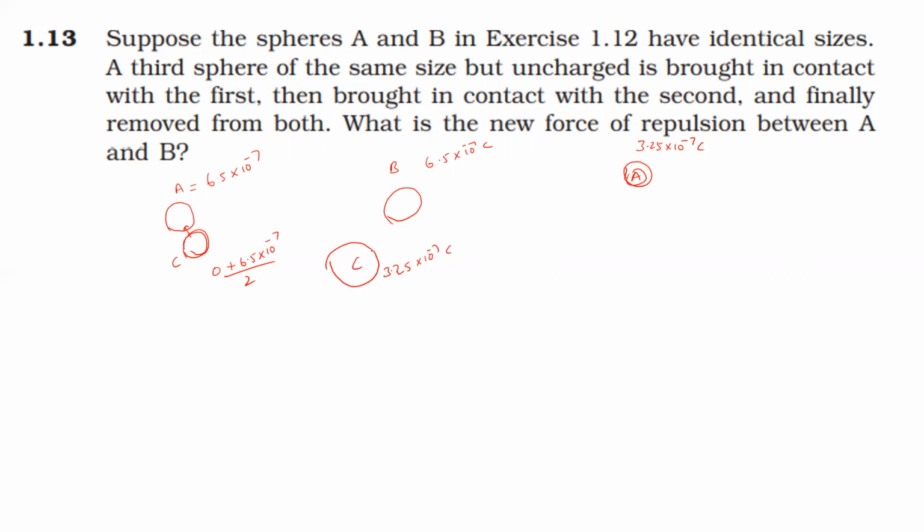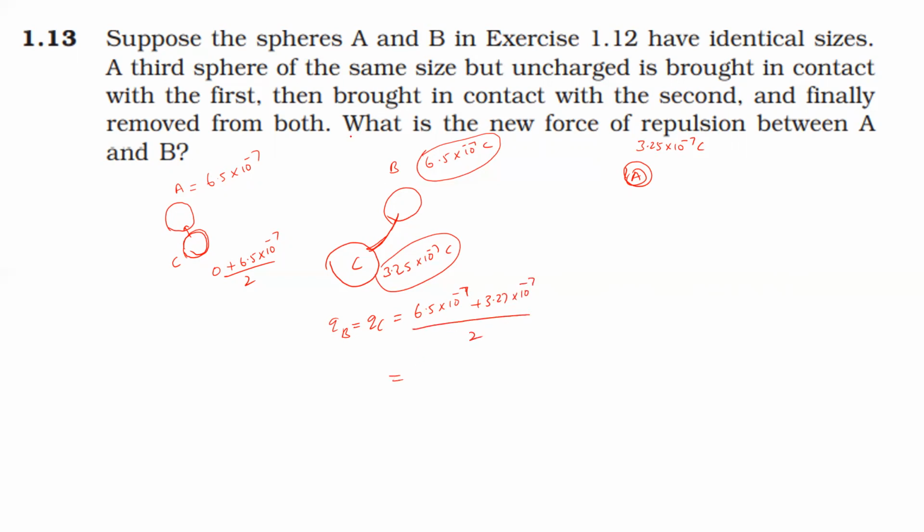Now sphere C and B are kept in contact with each other. As they are in contact, sphere C and sphere B will equally share the charge. That means sphere C and sphere B will each gain a charge equal to 6.5 into 10 power minus 7 plus 3.25 into 10 power minus 7 divided by 2.